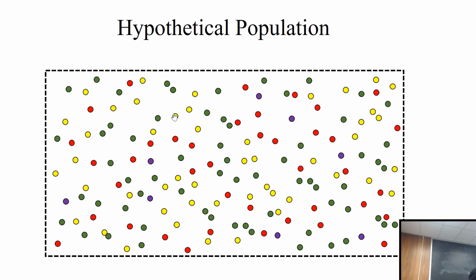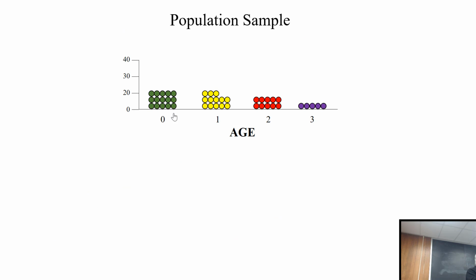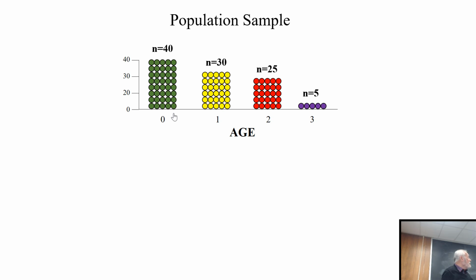But let's cheat. Let's say we're going to take a peek, and we know all the ages. So these are color-coded by age. Now we go through, collect them, or mark them, and now we're going to monitor them, of all these mixed ages, from the point of our capture, or marking, to death.